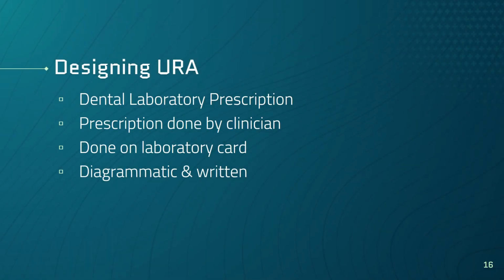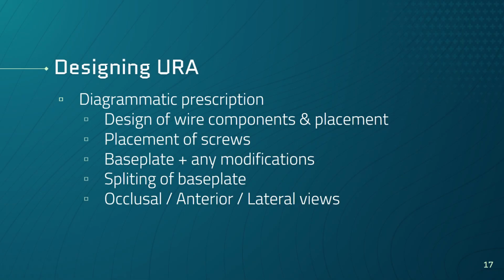Okay. Now designing the upper removable appliance. Now this designing is usually done through a dental laboratory prescription. Now it is very important that the prescription is done by the clinician and should not be left to the dental technician. Now this is done using a laboratory cut, and the design must be in a diagrammatic form as well as a written form.